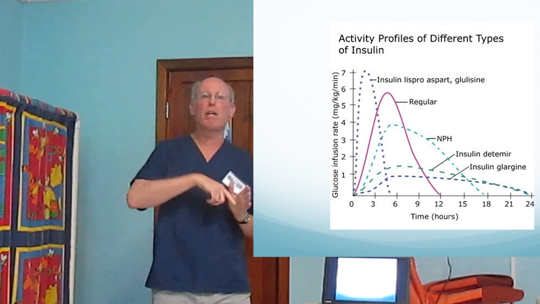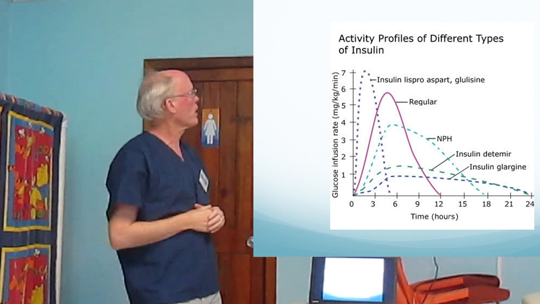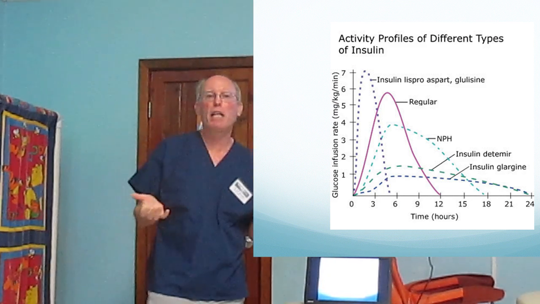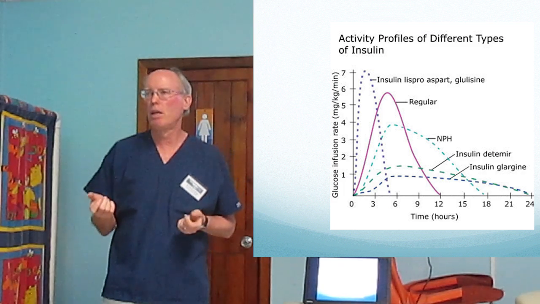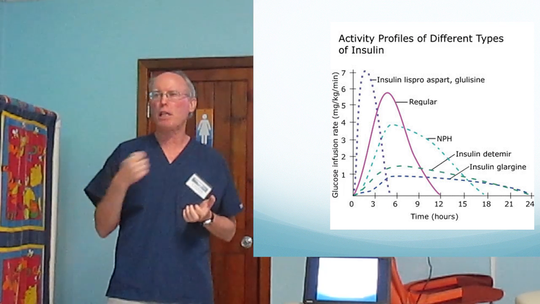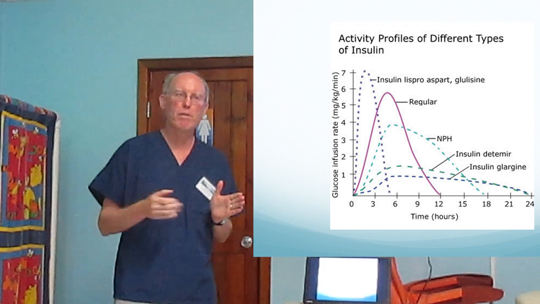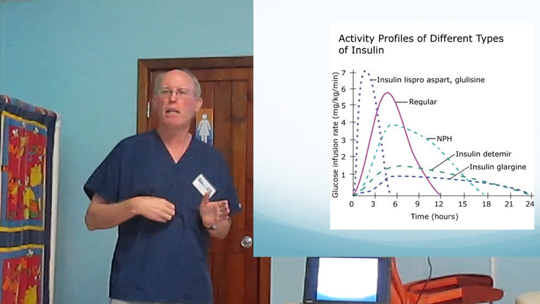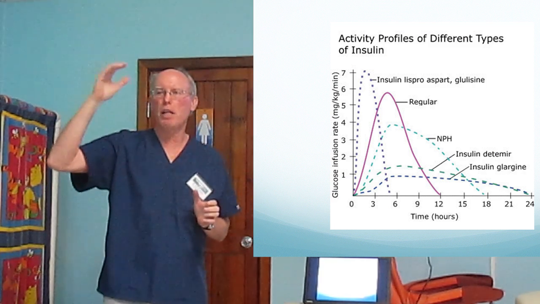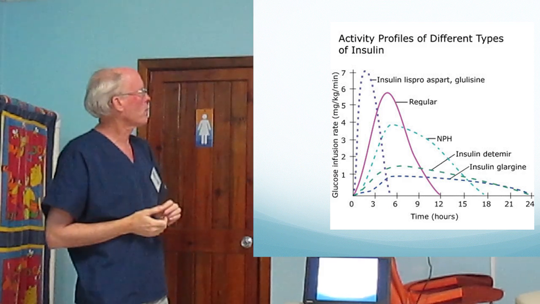They have a very quick onset, it's pretty high, and then it comes down really quickly. Their peak is between 30 and 60 minutes, and it only lasts an hour or 2. So it's good to use that kind of insulin when somebody eats, because they take it right when they eat, when the glucose gets absorbed through the intestine and the glucose level in the blood goes up. That's the same time the insulin peaks, and it helps control the glucose.